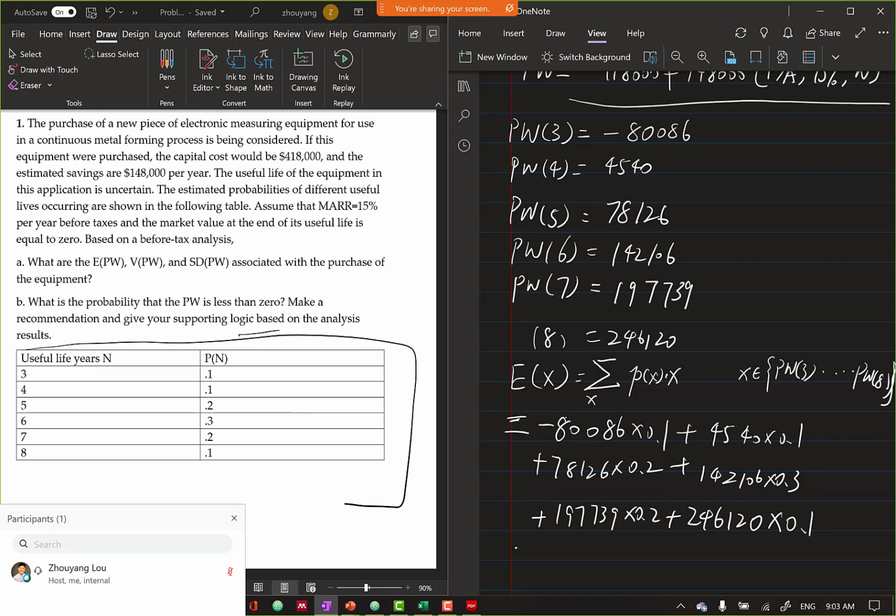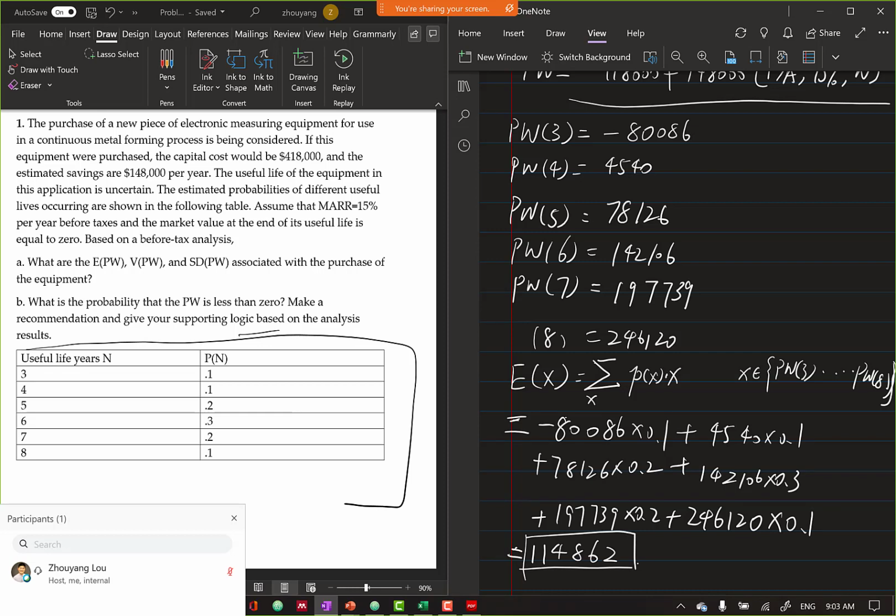And then we will get 1148. So this is the expected value of the present worth.